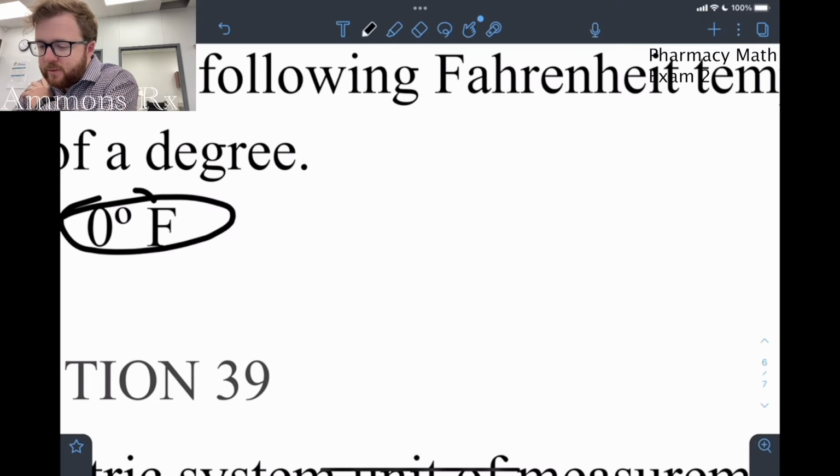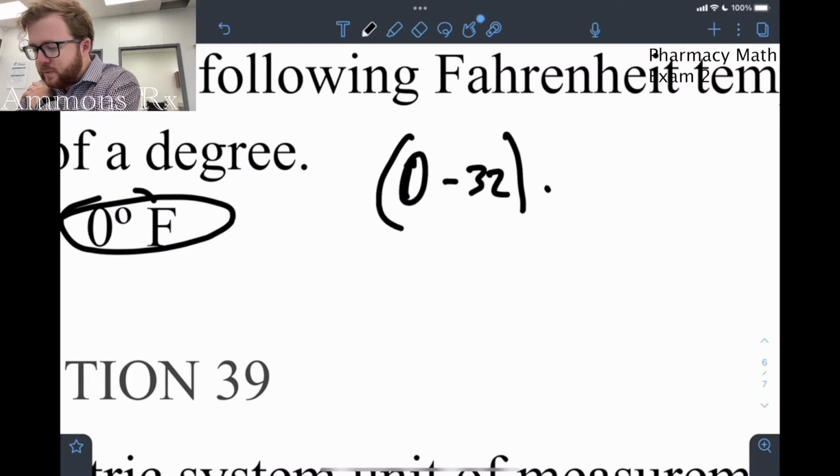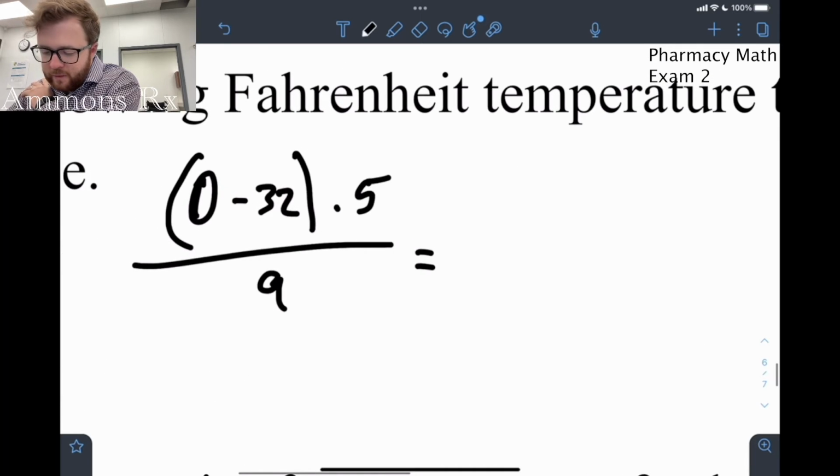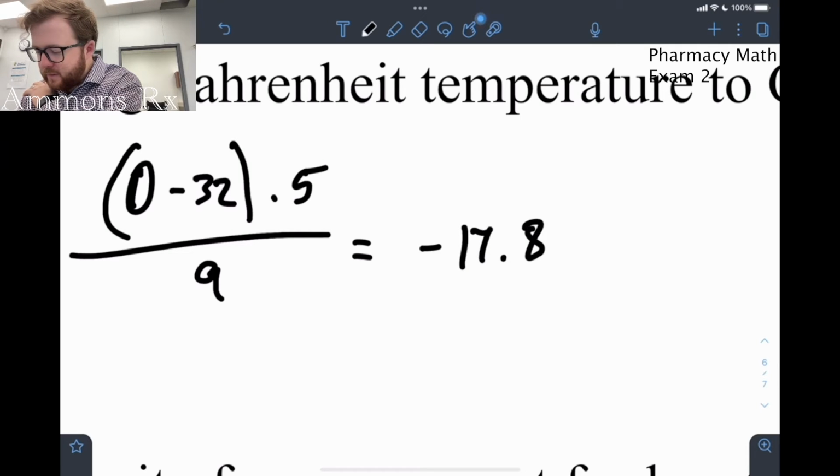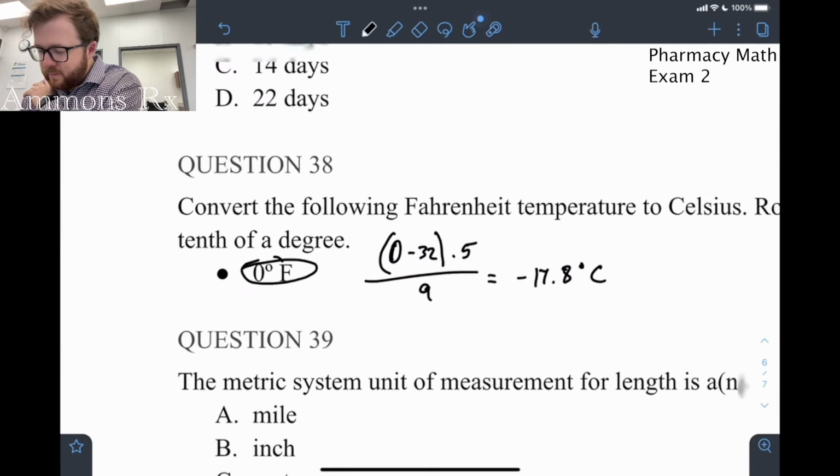So we're going to convert that to Celsius by doing Fahrenheit, so 0 minus 32 times 5 divided by 9. So we're going to end up with negative 32 times 5 divided by 9, which is negative 17.8 degrees Celsius.